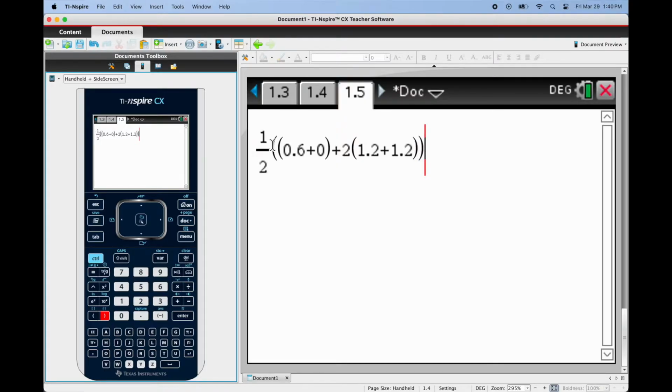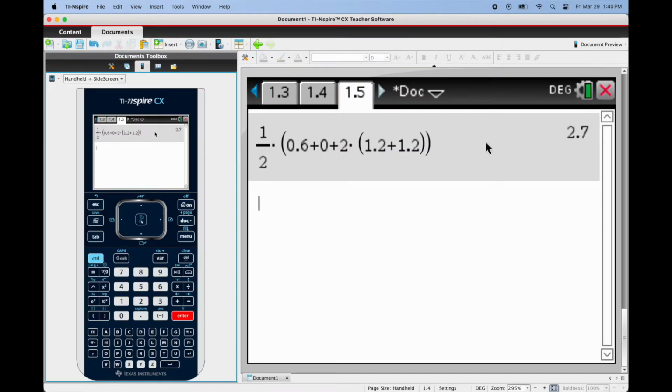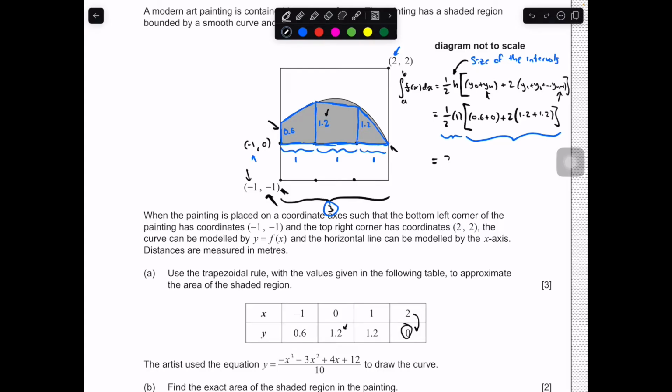Okay, so we want 1/2 to multiply all of this. I think, again, it's a good strategy to find the value of what's on the inside on your calculator and then multiply by 1/2. If you set it out like this, just make sure you have the double brackets. All right, and then we have the area of this section is equal to 2.7. Okay, so let's go back to the document and write this out. 2.7.